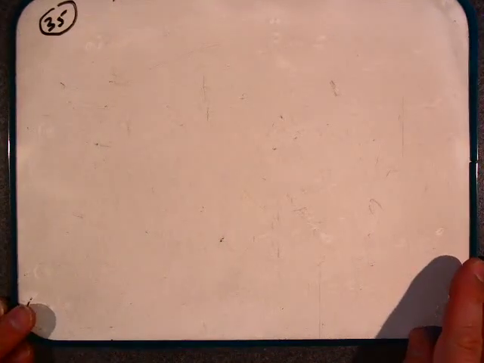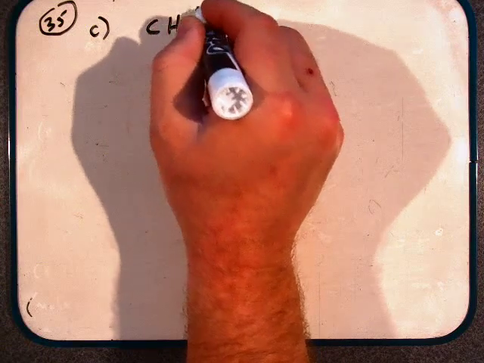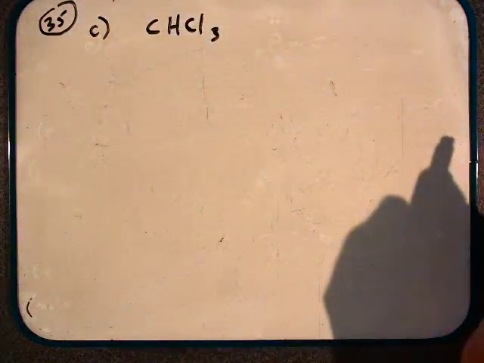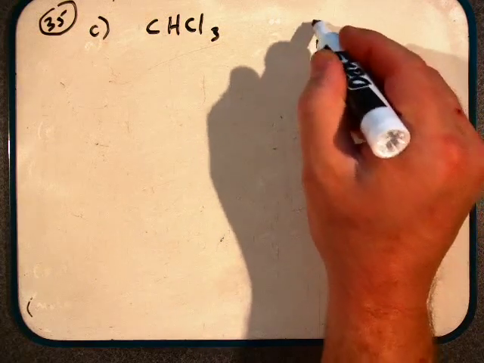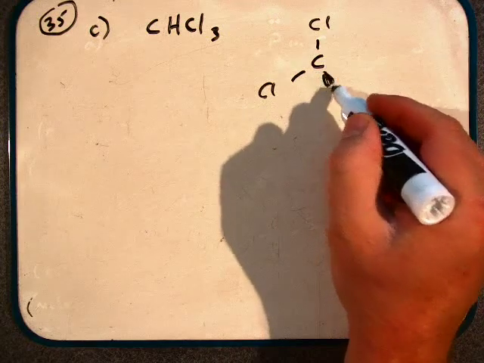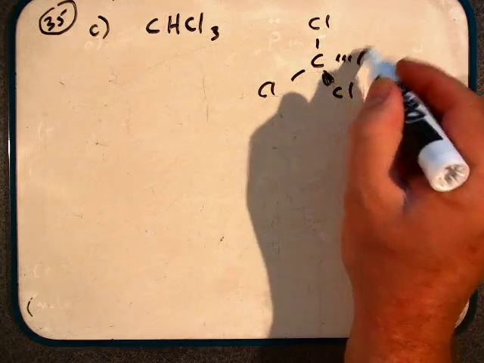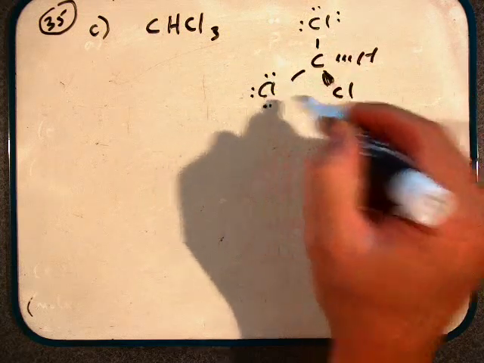Part C looks at a molecule known as chloroform, or CHCl3. Here we have three chlorines and a hydrogen surrounding that central carbon element.